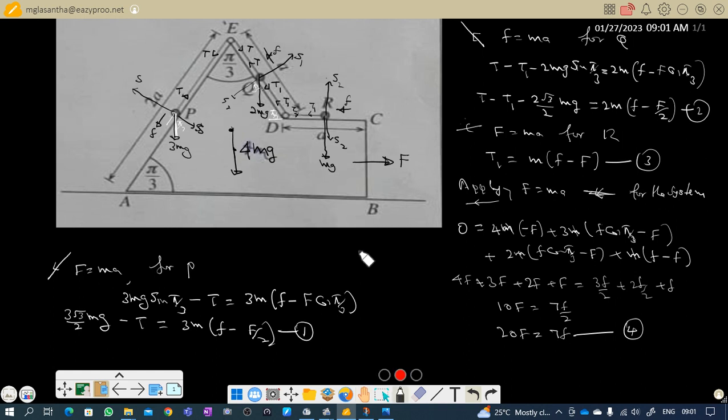Then for the last one, let T be the time taken by Q to reach E, right?